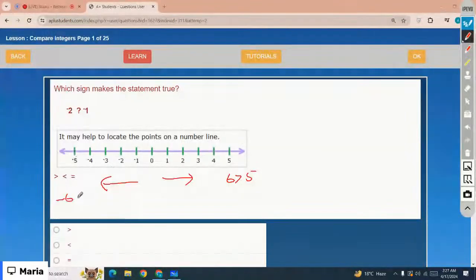Negative 6 is less than negative 5, right? So negative 2 is farther from 0 than negative 1. That means negative 2 is less than negative 1, right? As you move far from 0, the number gets smaller and smaller, right? So negative 2 is less than negative 1. Very good.